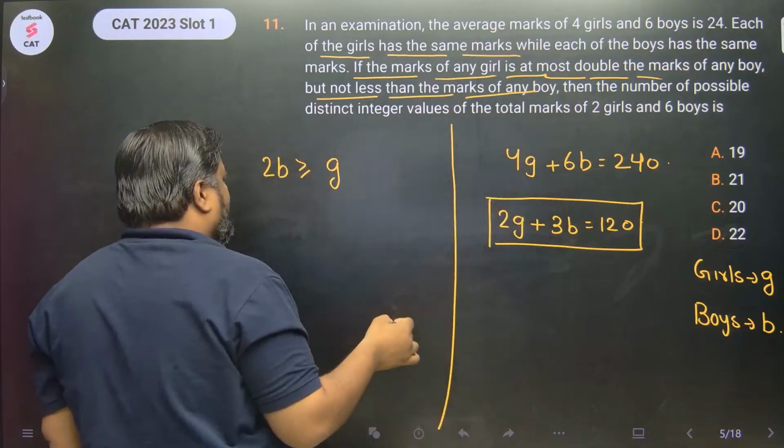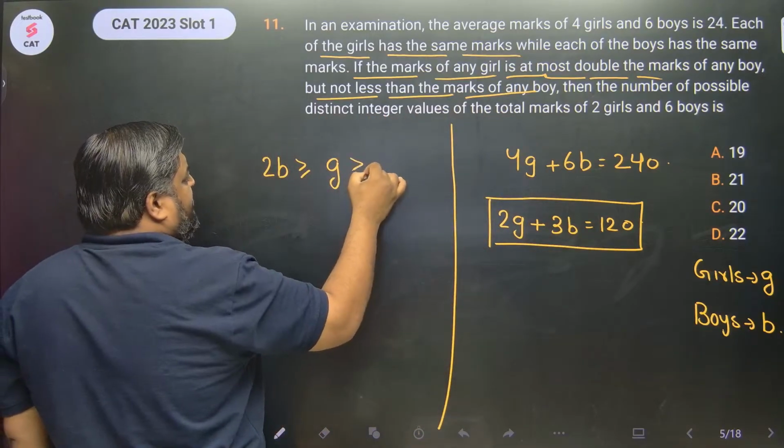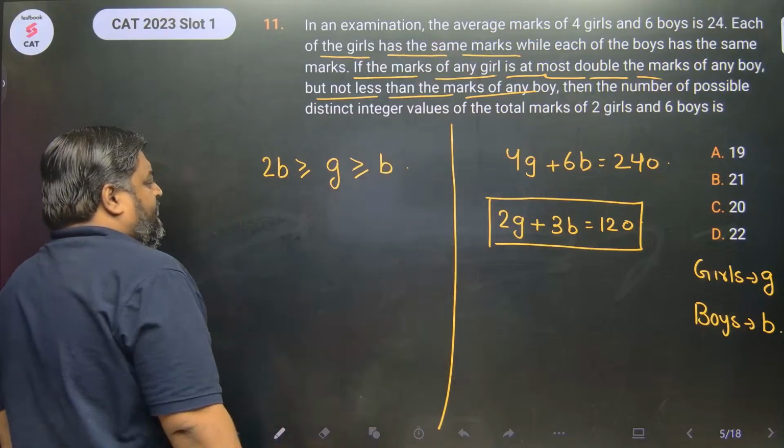So it is always greater than equal to marks of any boy, B.